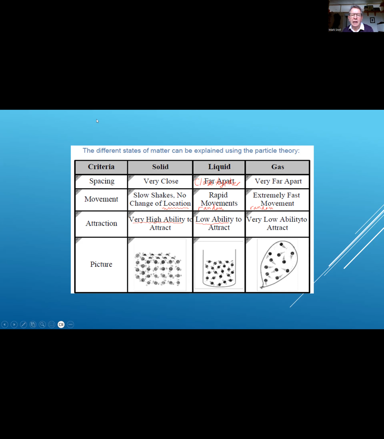We will revisit it again next time. I'm sorry, I didn't see your message. Bendo Mexo is just a way, if you go back to the recording from last lesson, you will see what Bendo Mexo means, but basically breaking bonds is always endothermic and making them is always exothermic, and endothermic are always positive values and exothermic are always negative.